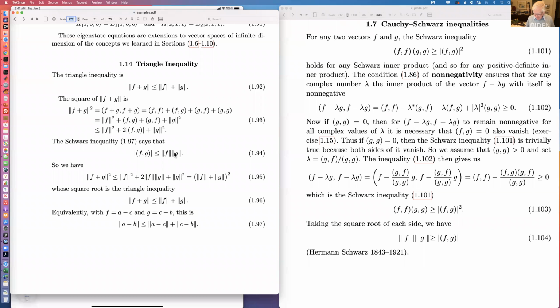And that's why you can think of this thing as sort of a cosine of an angle, theta, that's the angle between the vectors F and G, which are vectors in a Hilbert space of some kind.